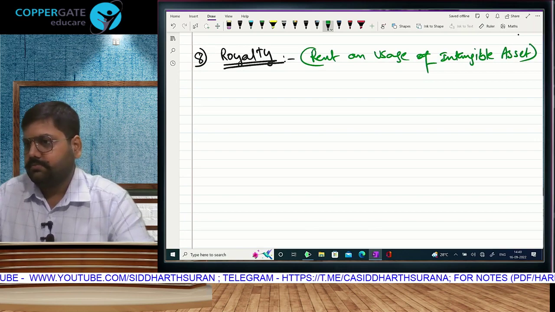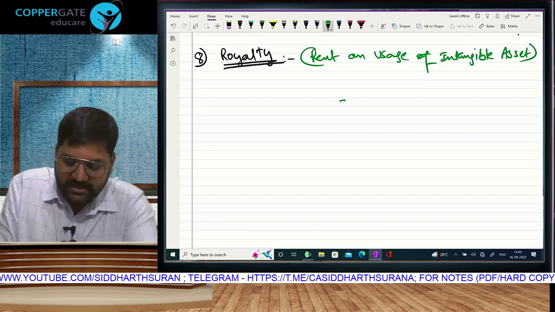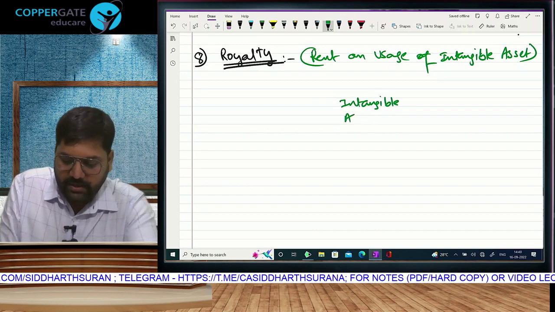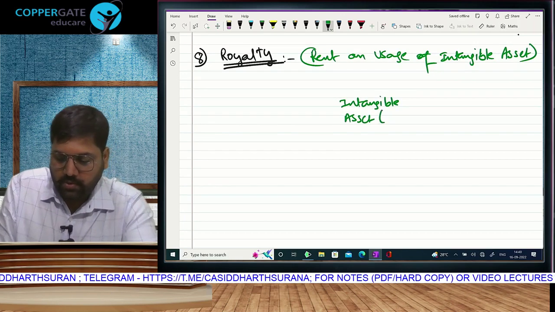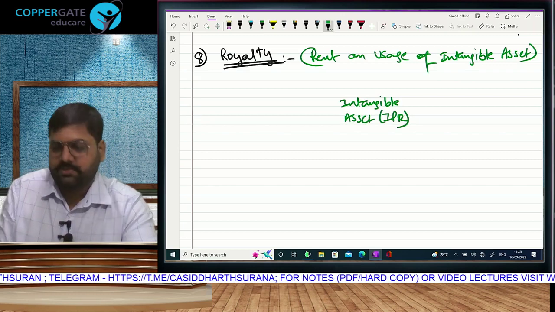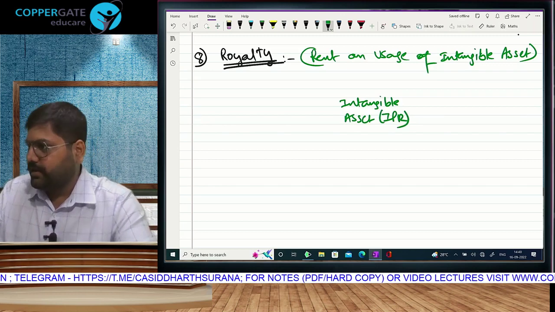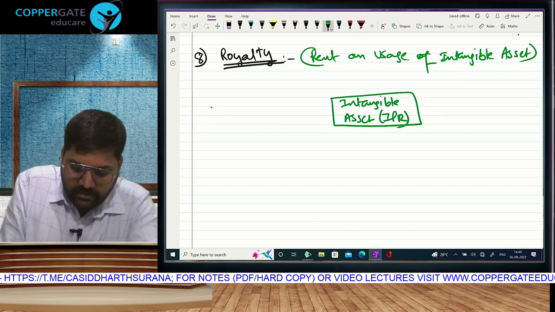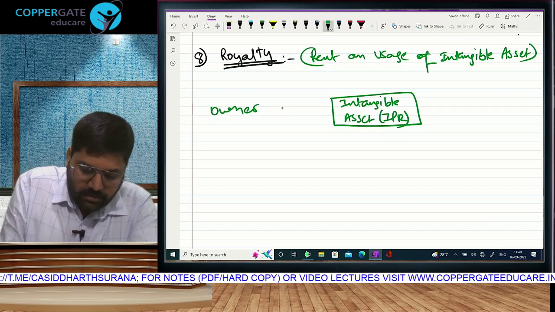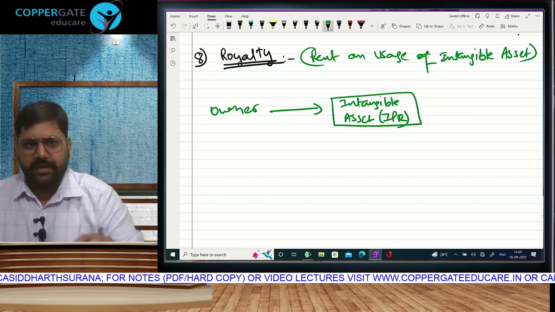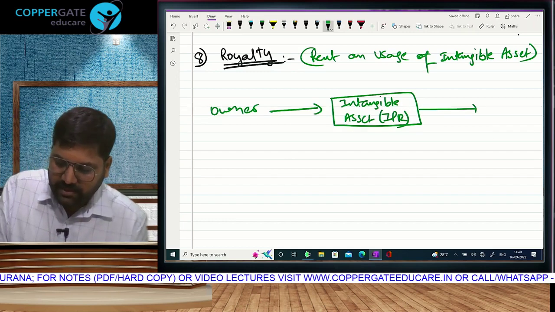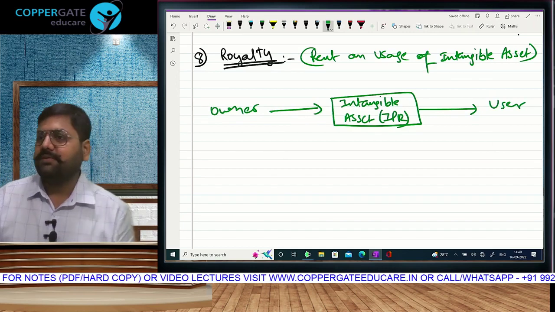asset. That means there is this intangible asset, and you can actually call it by a more appropriate term, intellectual property. This intangible asset is having an owner, that means the person who invented the asset, and this asset is being used by someone else.